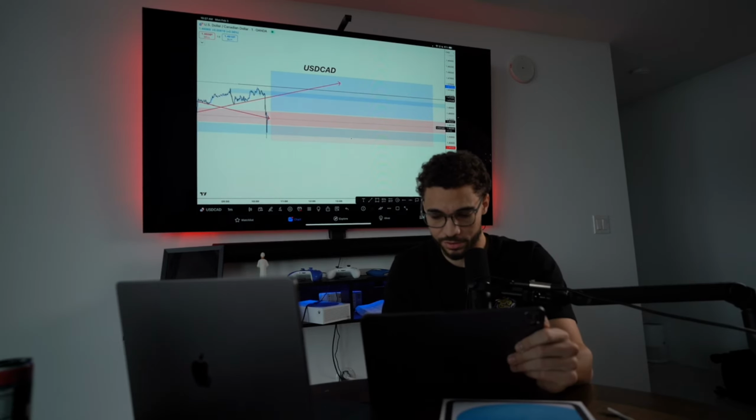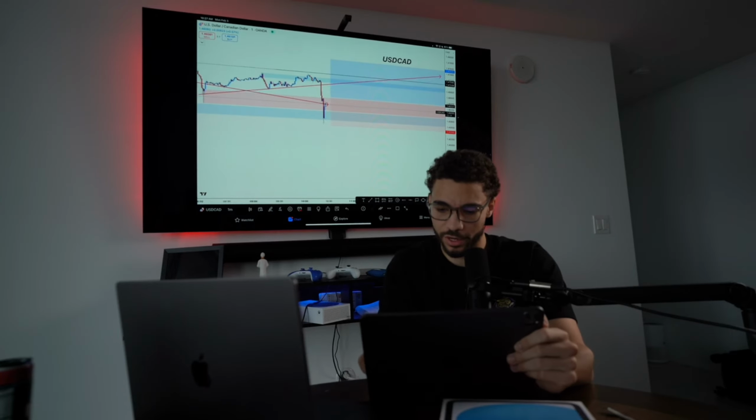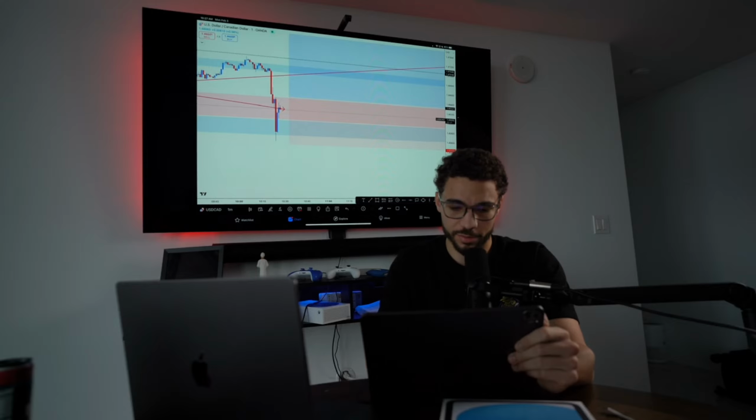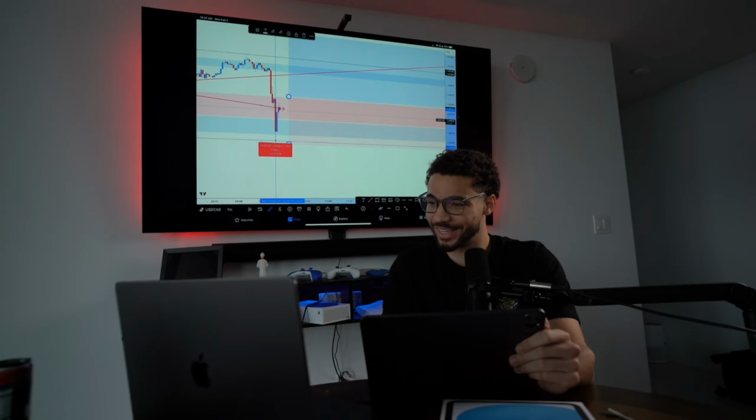That's kind of crazy. It's insane to see candles this big. Like this is a one minute candle right here. And it's how big, man. It's 80 pips. That's insane.